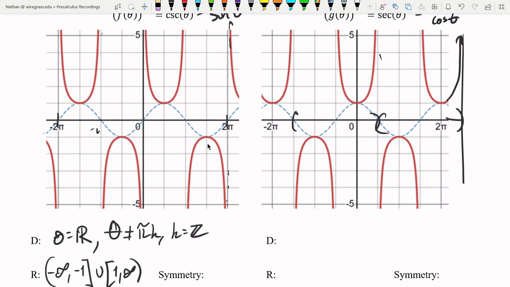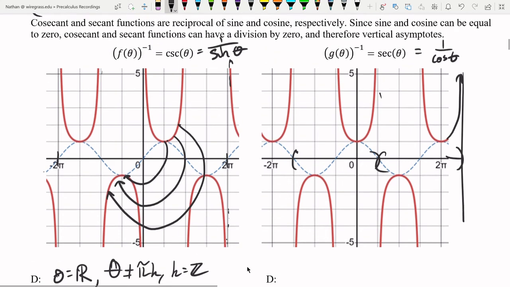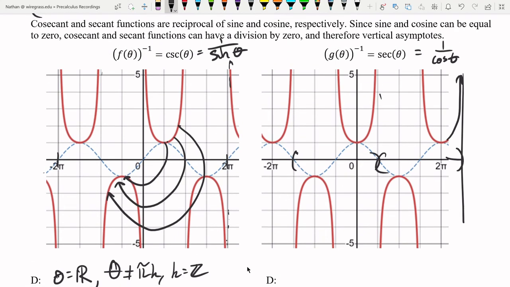And this has symmetry. I can flip this 180 degrees. Rotate 180 degrees, and you can see that it is odd symmetry, which makes sense because sine has odd symmetry, so cosecant should also have odd symmetry.